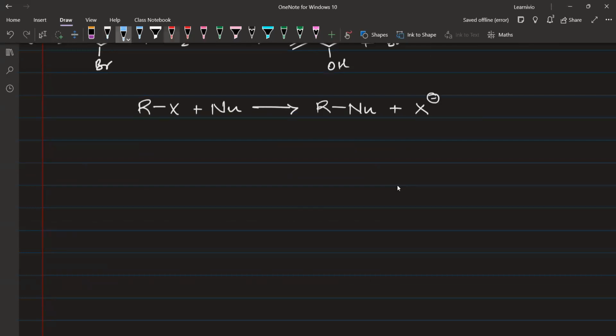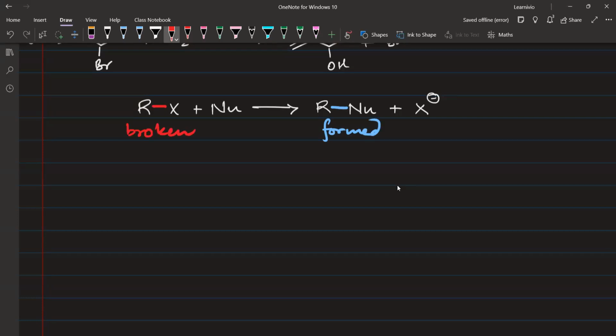That means what should happen? This bond here, that is between the R and X, the alkyl and the halogen CX bond, should be broken, and there is a new bond, RNu, being formed. Does this make sense? This is formed and this is broken.